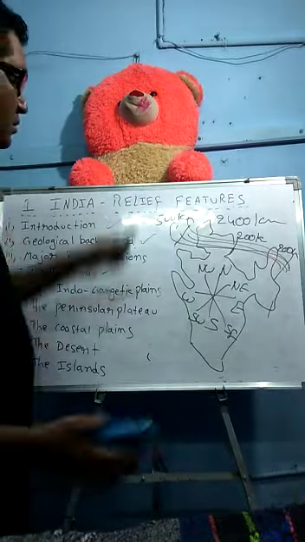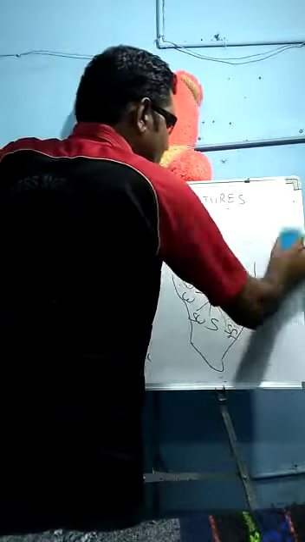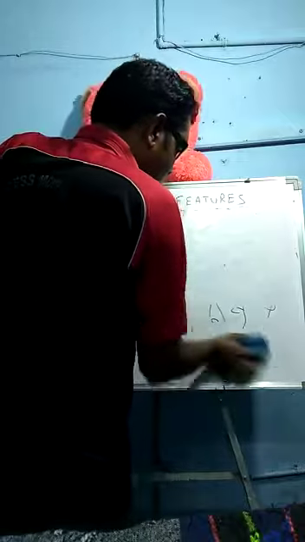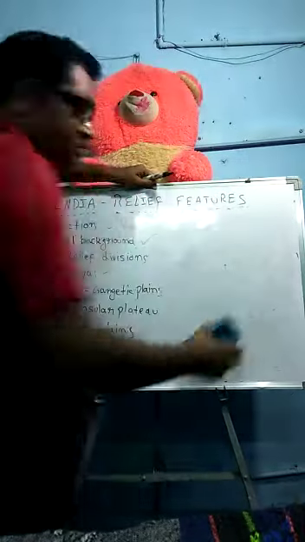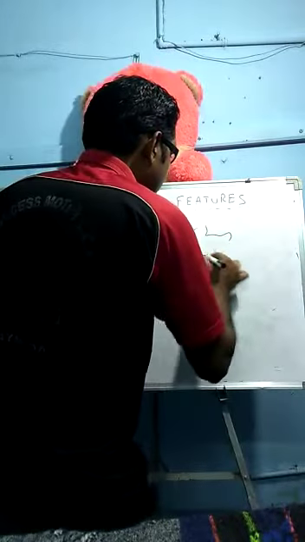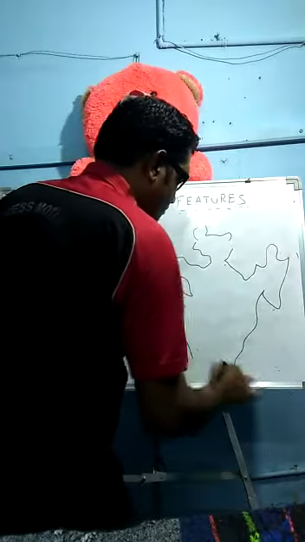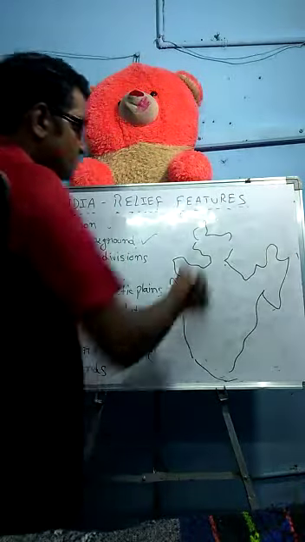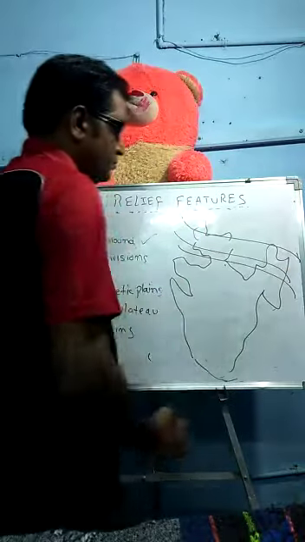Okay, so the Himalayas are a combination of 3 ranges. I will show on the Indian map. Here 1, 2, 3.